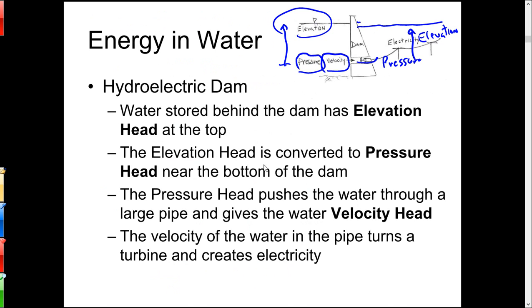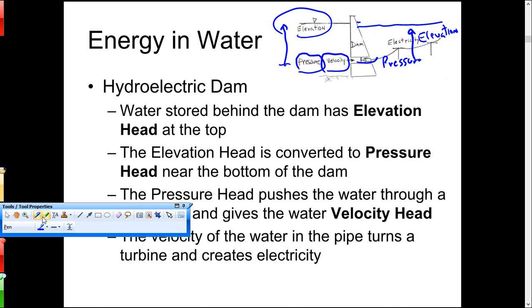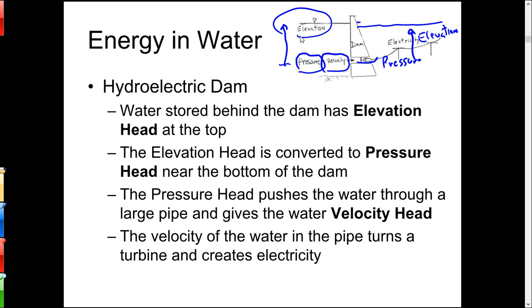Now, if we look at a power hydro dam, that generates power, what we're doing, we're moving energy through moving water through different forms of energy. We back the water up, and the water has elevation. It'll build up pressure down at a certain depth.